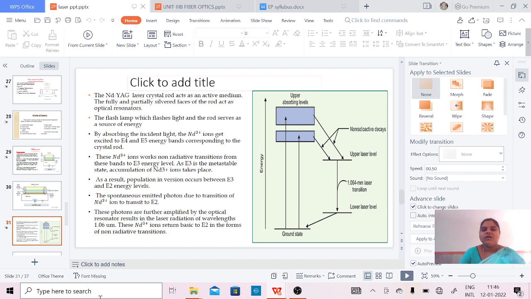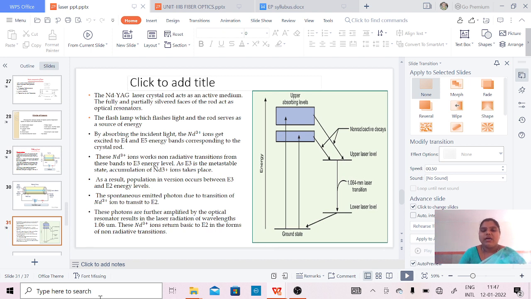What is happening here? We are replacing some yttrium ions with Nd3+ ions. These are first excited by the incident light. Then they undergo non-radiative transitions from these bands to the E3 energy level.